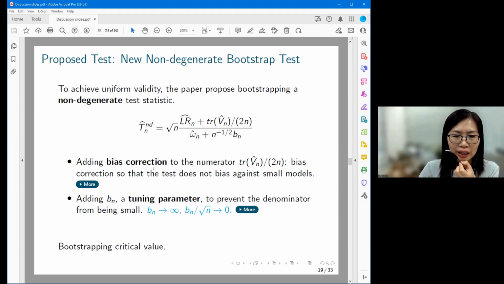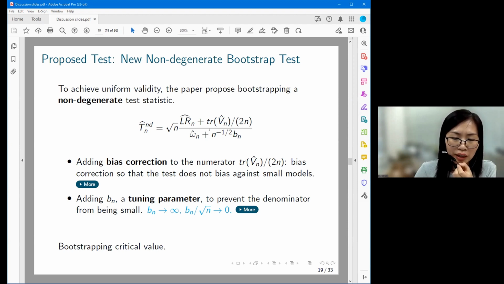That bias correction term makes sure that the test does not bias against small models, and doesn't always select a large model with lots of parameters. So that ensures parsimonious models can have a chance to be selected, which is nice.